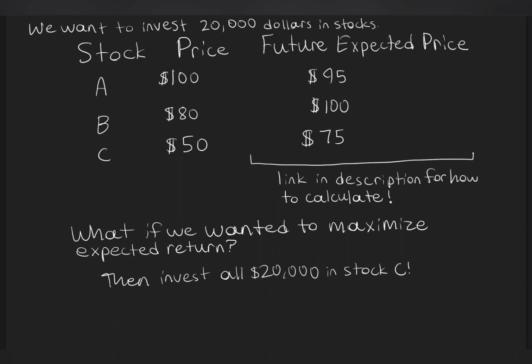So if we're looking to maximize expected return, the formula for that is quite simple, and we can just invest all of our money in the stock with the highest future expected price to maximize our expected return. But of course, we're not even considering risk, and that's problematic because stocks are risky.